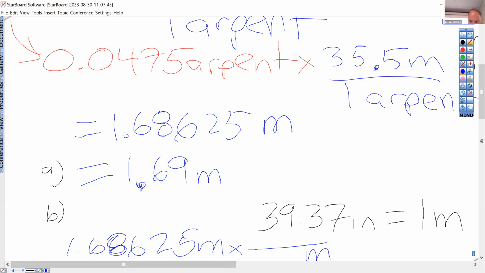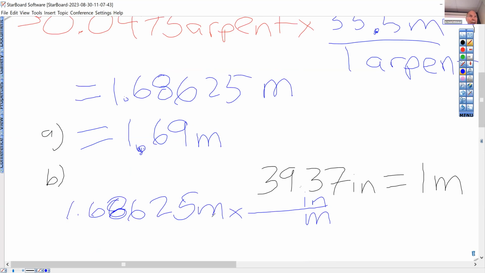See how I do it myself? I just put the units there. I know I need inches, so it has to be on top. I know I want to get rid of meters, so it has to be on the bottom. And I just copy what's in front of inches here, in front of inches there. 39.37. And there's a 1 in front of the meter.